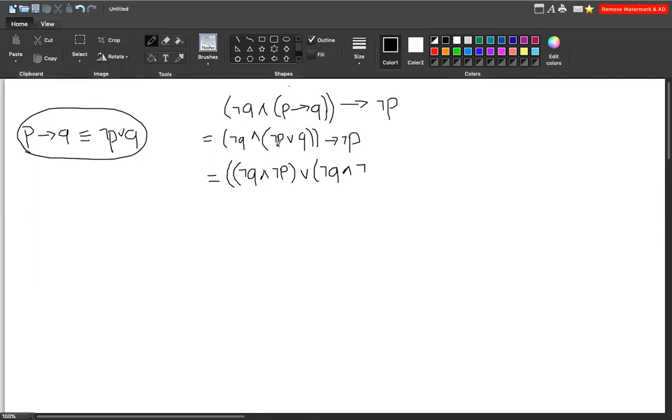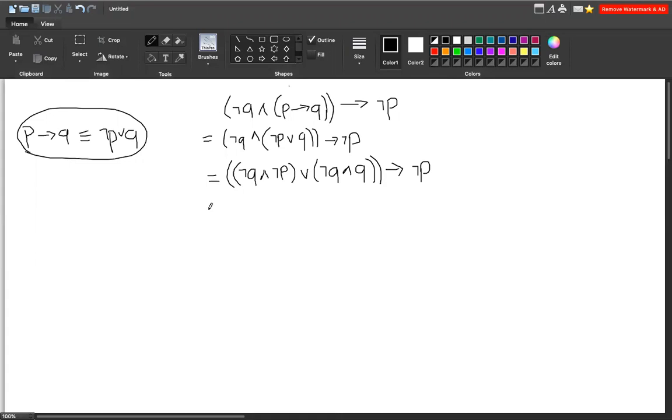We already did it with P, right? So it's going to be negation of Q and this Q itself, and we will write negation of P on the inside.